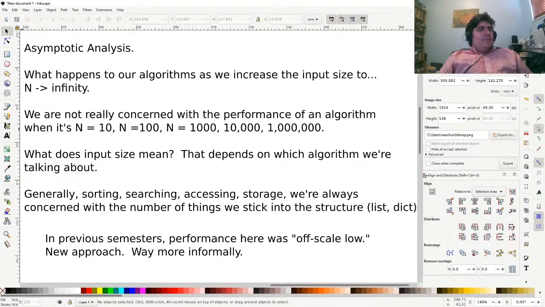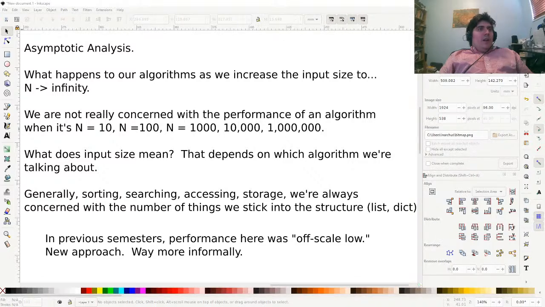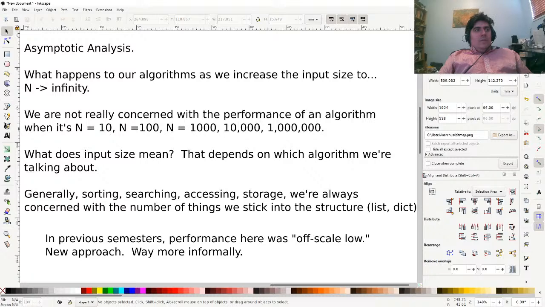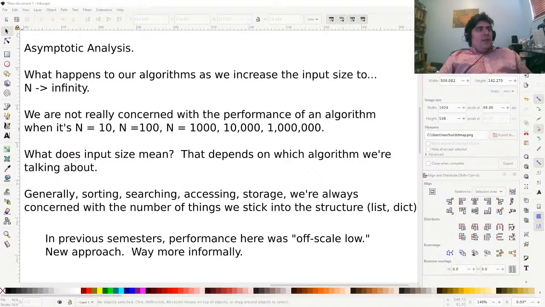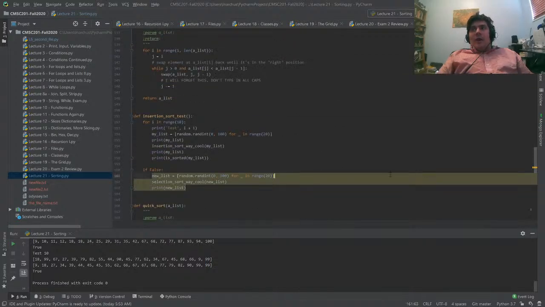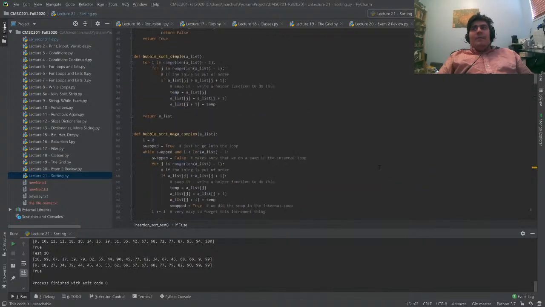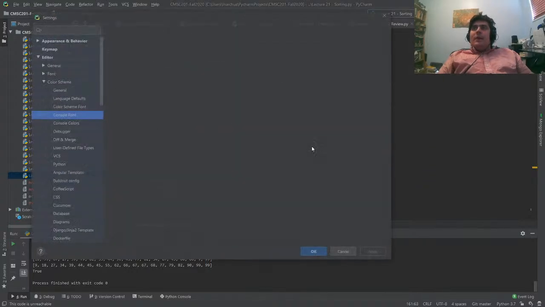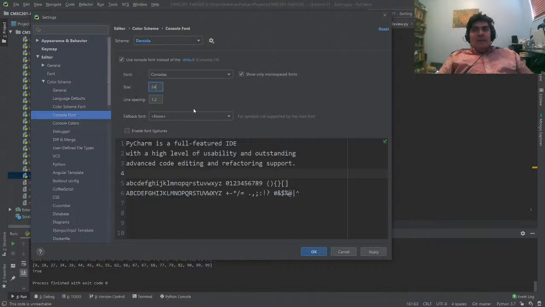Okay, let's look at our previous thing, which I think is here. Let's look at our bubble sort algorithm for a little bit.